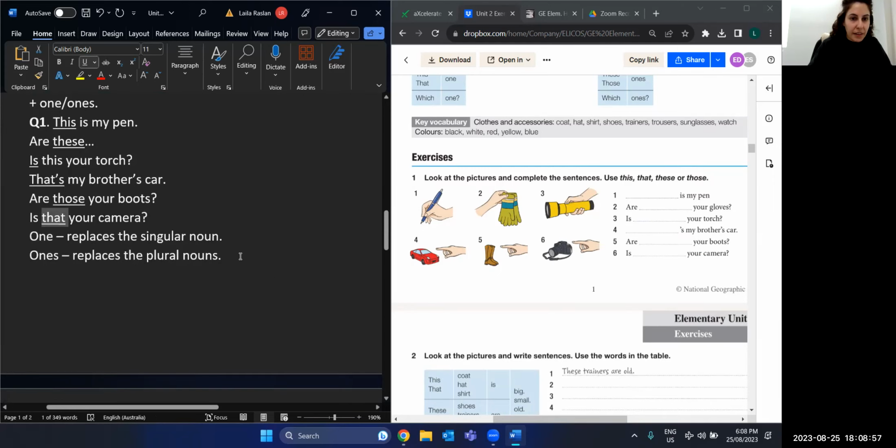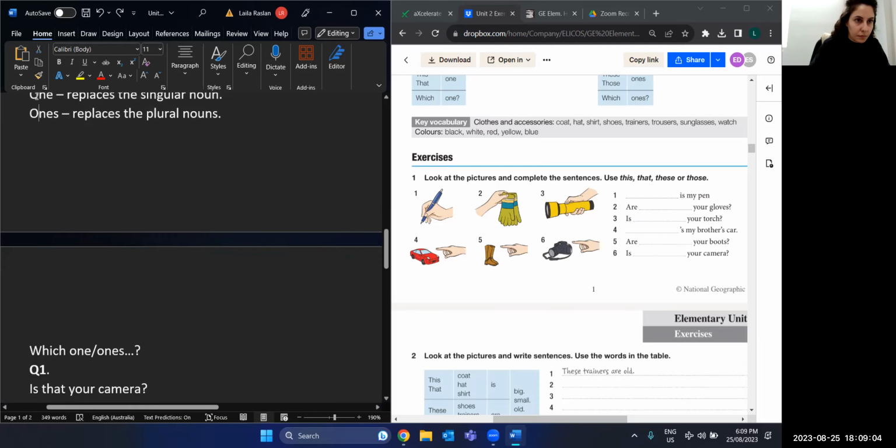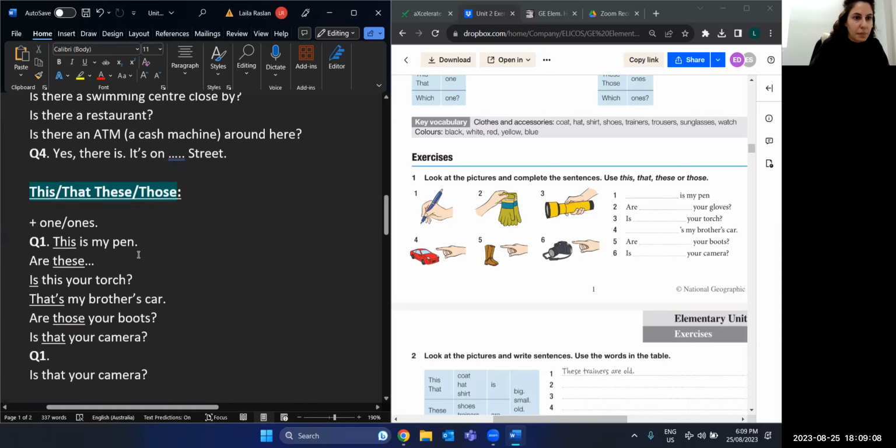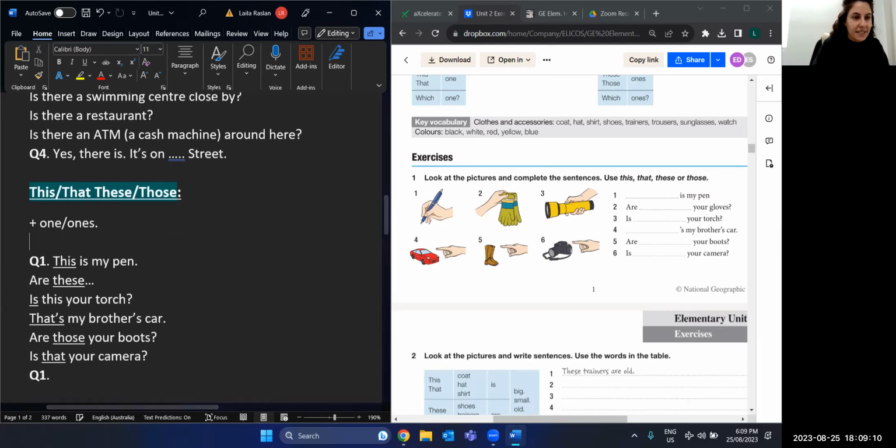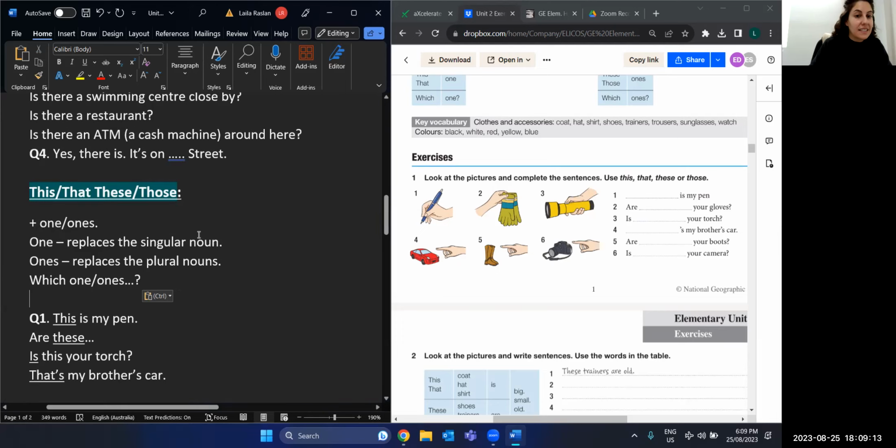So I'll just go back a bit. Remember when we did the ones and that, it replaces the singular noun when we say one. Ones replaces the plural noun, and we can ask a question.